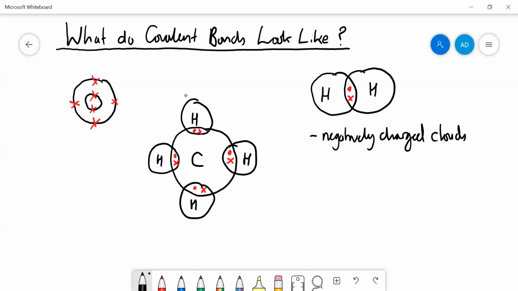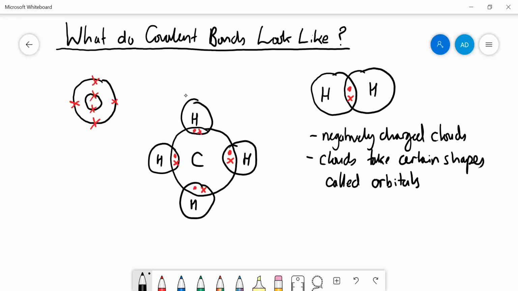Those clouds are only allowed to take certain shapes, and those shapes are called orbitals. Obviously, the word comes from the word orbit. So electrons are allowed to occupy certain shapes only, and we're going to call these orbitals. And the rule is you're only allowed a maximum of 2 electrons in one orbital.